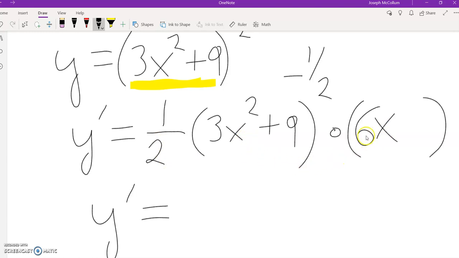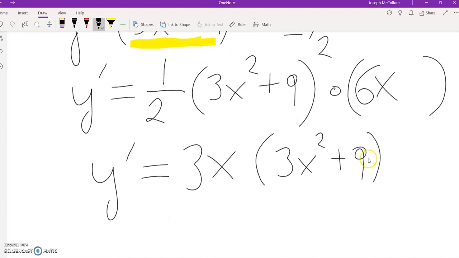A times B times C is A times C times B. You can, because it's nothing but a multiplication, I can take the 1/2 and multiply it by 6x. And 1/2 times 6x, well, 1/2 times 6 is 3. So we get 3x. And then, of course, we have this other expression that I did not change, and I typically do not change because it has an exponent.